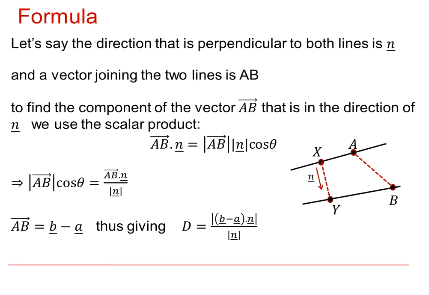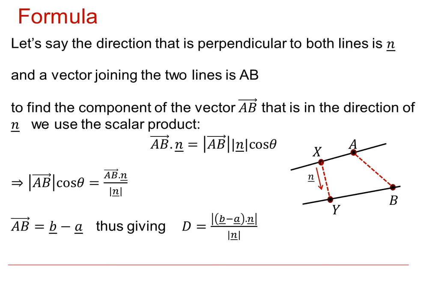Let's say the direction that is perpendicular to both lines is n, and a vector joining the two lines is AB. To find the component of a vector AB that is in the direction of n, we use the scalar product.